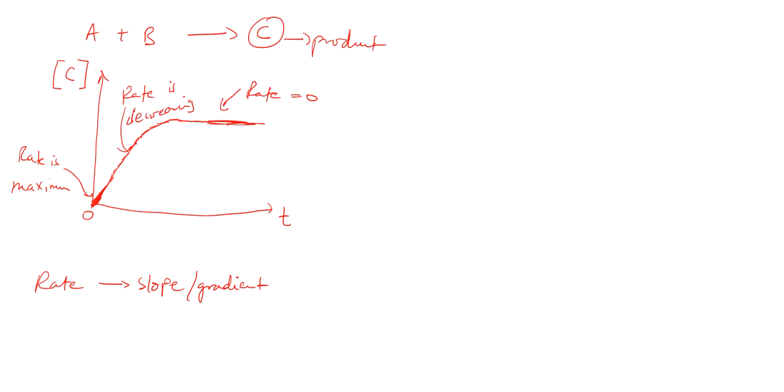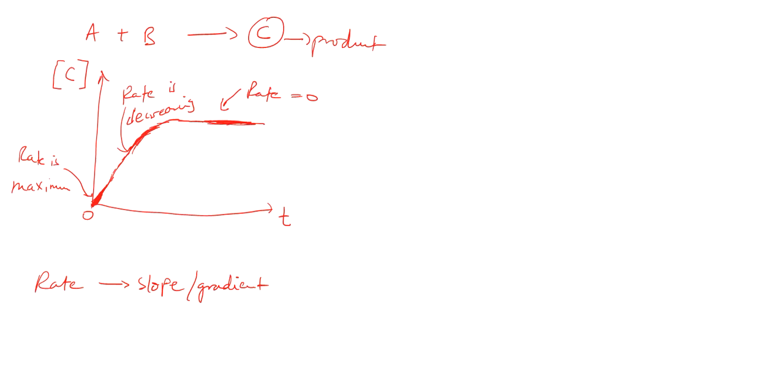So make sure you know the 3 sections of this graph. The maximum is at the beginning, then it starts to get less steep in this region, so the rate is decreasing, and eventually we have a horizontal line, therefore the rate is 0.